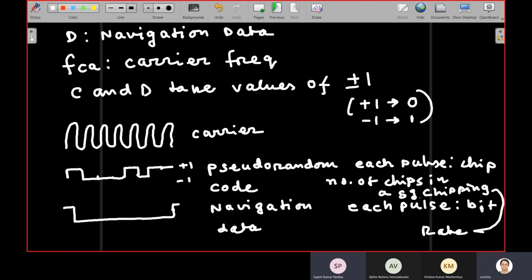So why is it called pseudo random? Ma'am, I think due to the code period. What is that code period? Can you define what code period is?